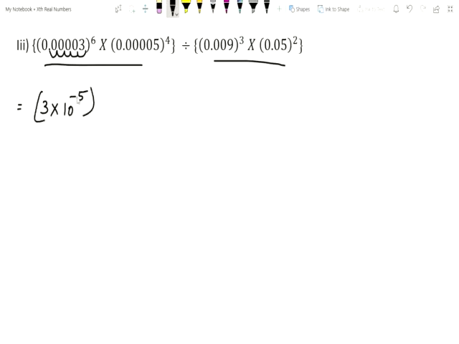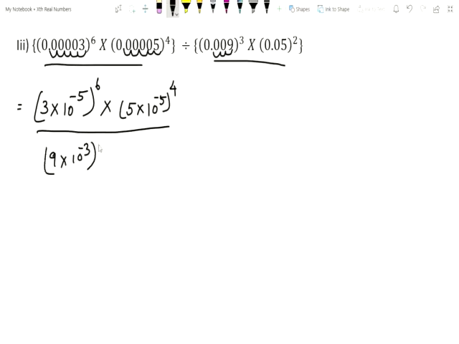Whole power 6 into 5 into 10 power 1, 2, 3, 4, 5 minus 5 whole power 4 divided by 9 into 1, 2, 3. So 10 power minus 3 whole power 3 into 5 into 10 power 1, 2. So minus 2 the whole square.